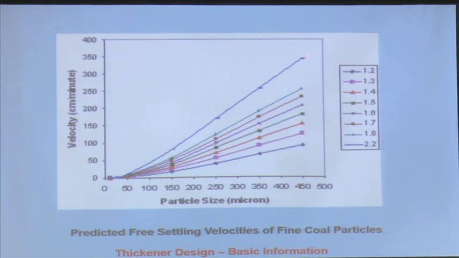I know the highest settling velocity particle and how much of them by size analysis, and the lowest settling velocity particle, so I can easily design a thickener best depending upon my requirement of solid liquid separation. Not arbitrarily choose a thickener, saying okay, I will have L by D like this. There must be some scientific basis, and these are the basic principles.